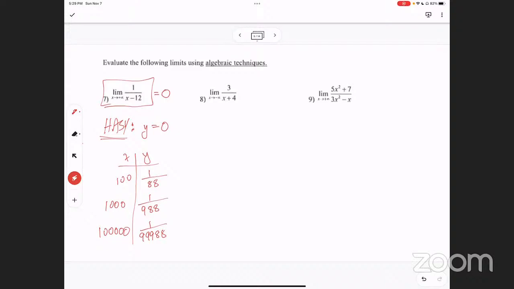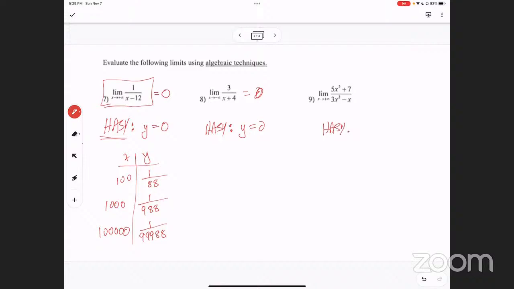I'm not sure if that's what they mean by that, and there might be another way also that they're talking about. But for this one right here on number 8, what is the horizontal asymptote? Again, this one is also y equals 0. That's right. How about number 9? What's the horizontal asymptote?